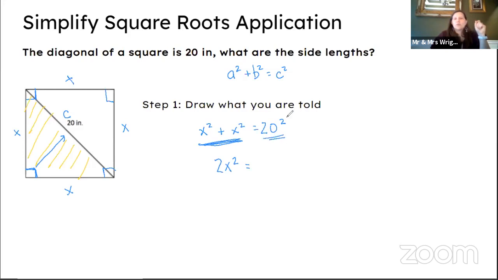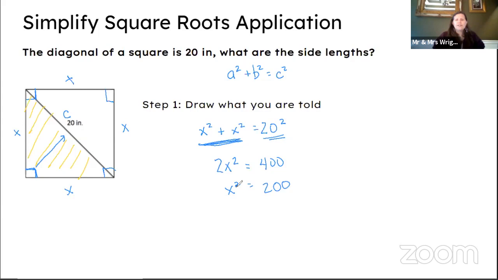So 20 squared. 20 squared is going to be 400. Now, remember our steps for solving when we have something with a squared here on our variable. First thing we need to do is get this by itself. So 2x squared is being multiplied by 2. So I have to undo that too. X squared equals 200.